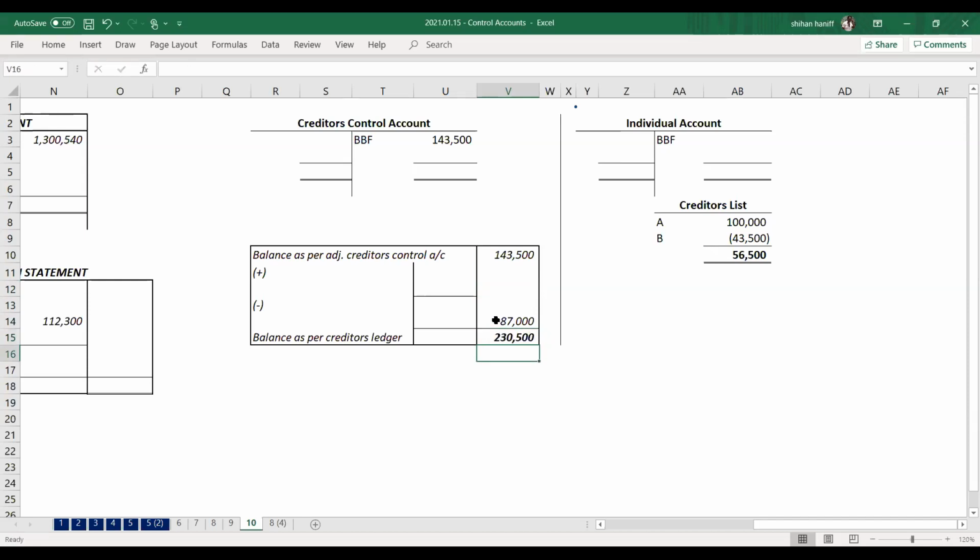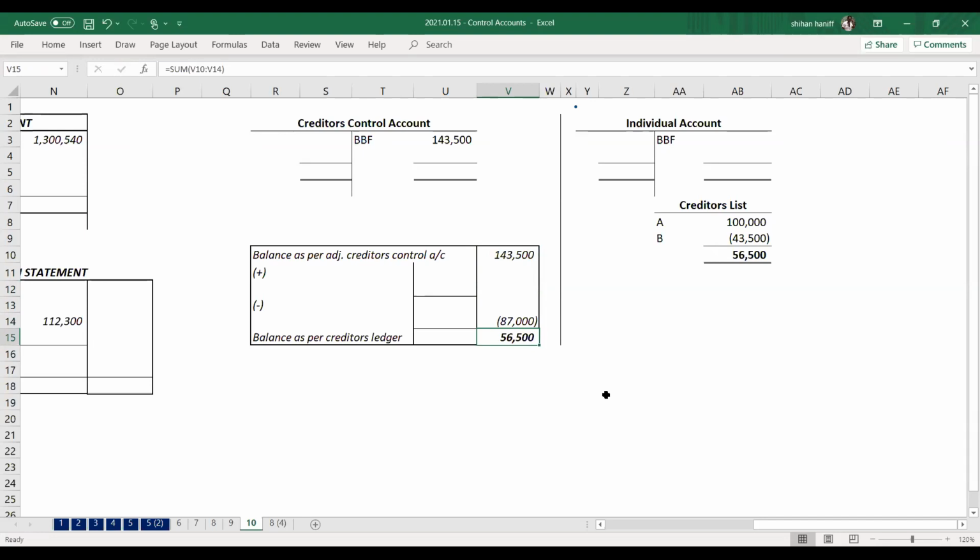Then only you get the answer. So it's minus 87,000. A credit balance treated as debit means the difference will be double.